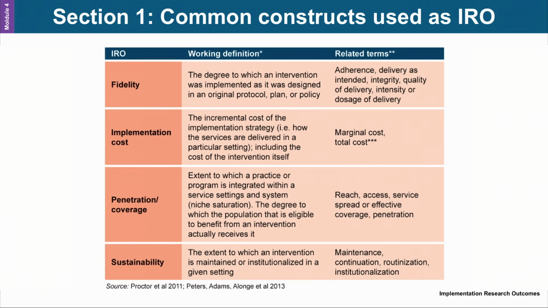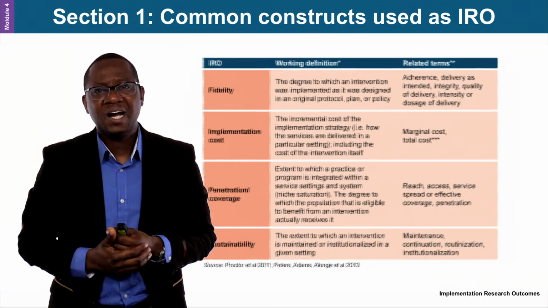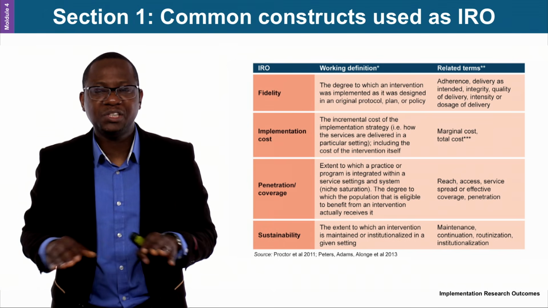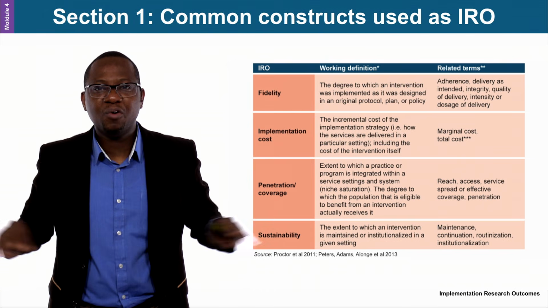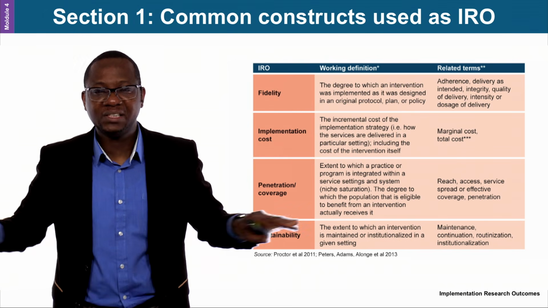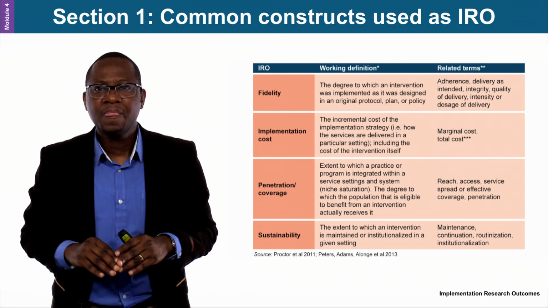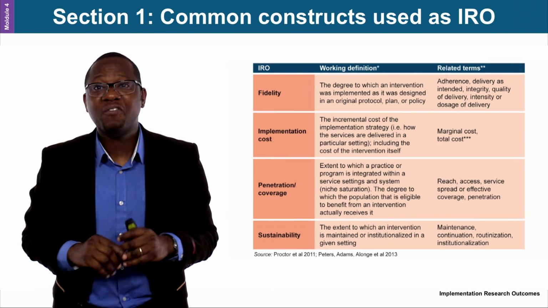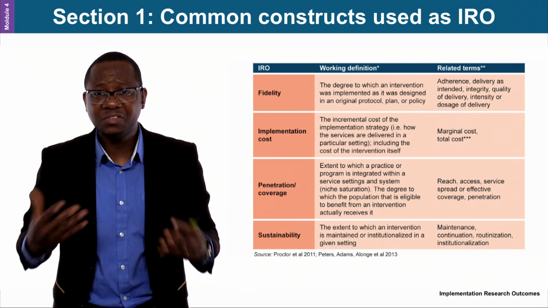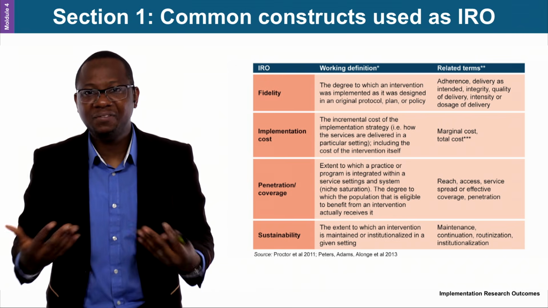It's going to be a measure of penetration, that is vertical scale-up of an intervention. And it's slightly different from coverage, which is really looking at the spread of the intervention within the community or within the eligible population that needs the intervention. That is to say, what proportion of an eligible population that should receive an intervention actually receives it.